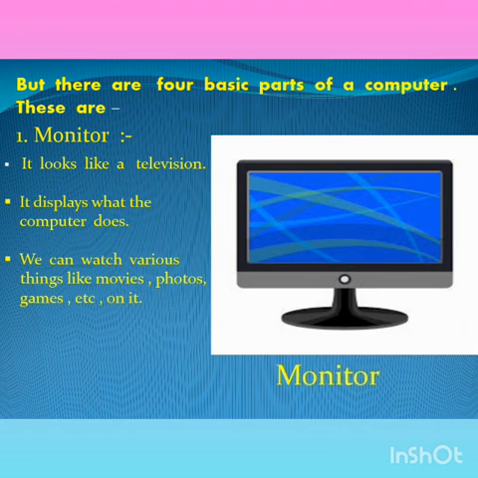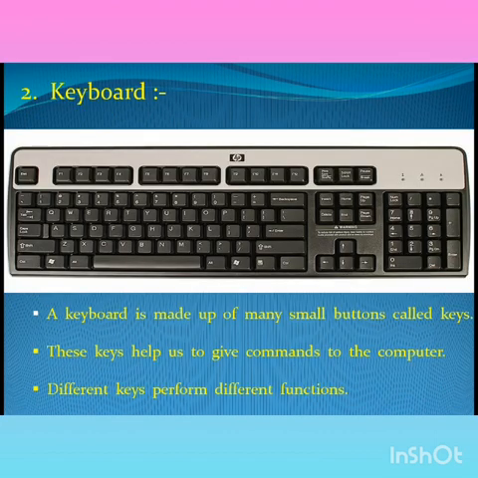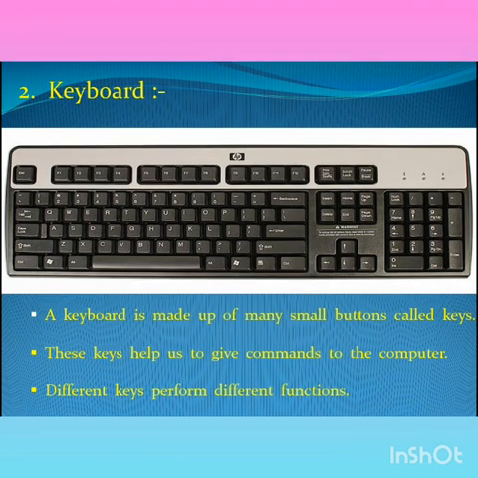Okay. Now the second important part is the keyboard. So how does the keyboard work? The first point is a keyboard is made up of many small buttons called keys.